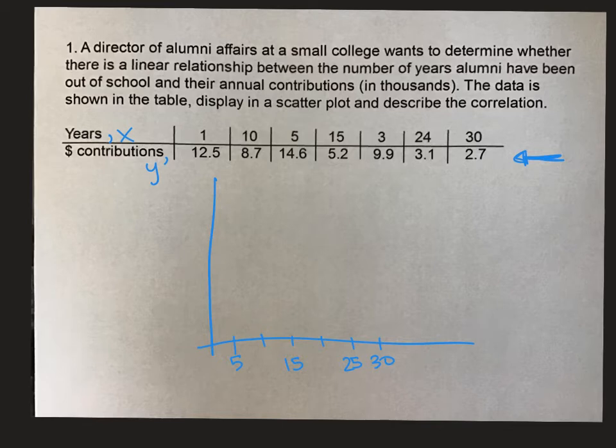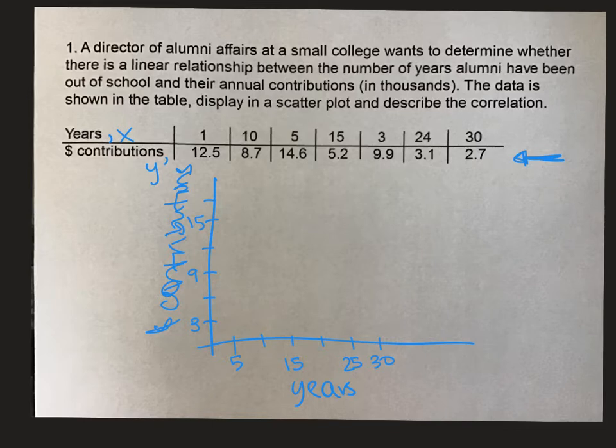And then my contributions, I've got from about 2.7 to almost 15. So I'm just going to go by 3s, one above there just so that we have some extra room.